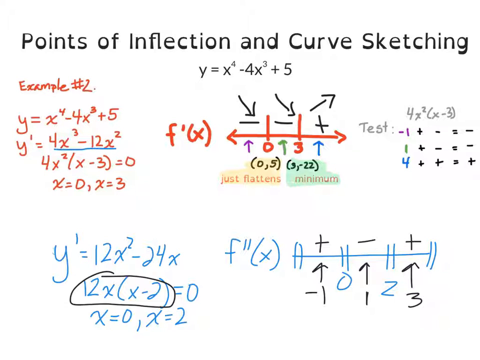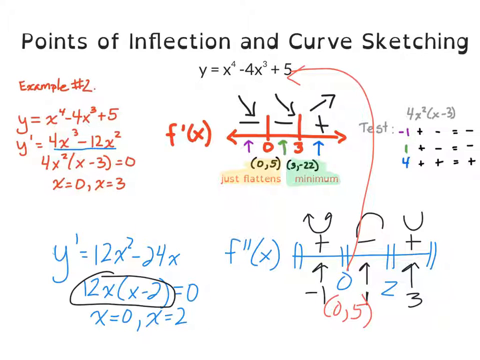That means my function is concave up here, concave down here, and concave up again here. And my points are, for 0, how do I find the y value? Remember, you plug it back into the original, so that's going to be (0, 5).